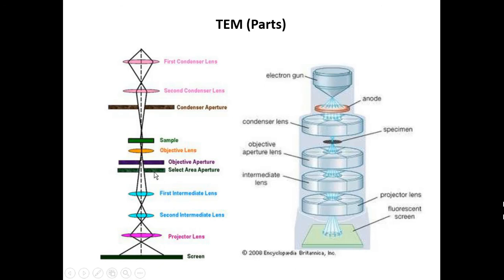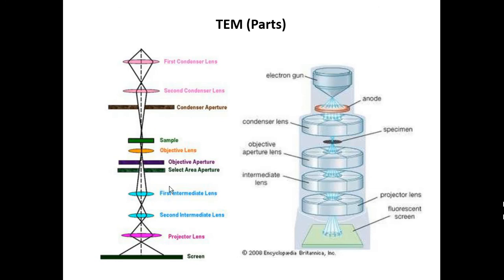I told you already, we can adjust the aperture area so that the actual specimen area which has to be analyzed can be selected and enlarged with the help of the first intermediate lens. The beam passes through the first intermediate lens, is focused again and given to the second intermediate lens, where it is further focused on exactly the area of the material to be analyzed.